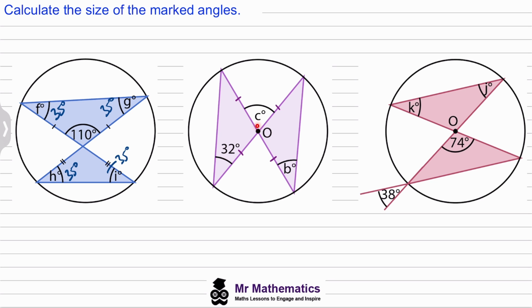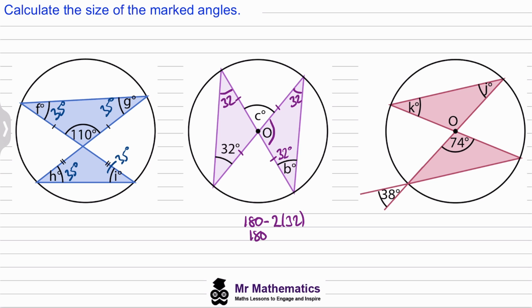We know they are both isosceles triangles, and angle B is in the same segment with this 32. So angle B will be the same, 32 degrees. And because they're both isosceles, these will also equal 32. Using angles in a triangle, we can work out the angle at the center as 180 take away 2 lots of 32.